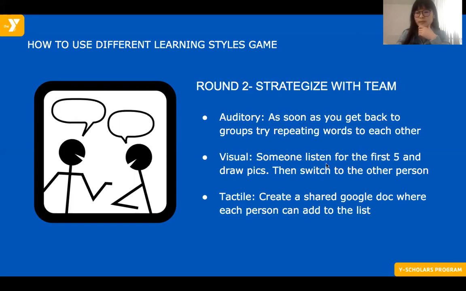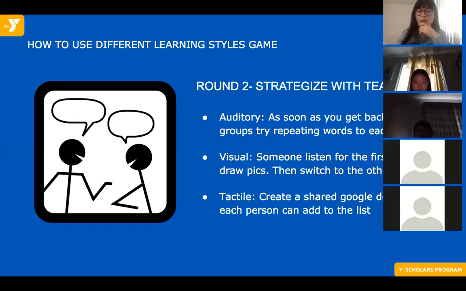Or for visual, someone listens to the first 5 and draws images, and then switch to the other person. And for tactile, maybe you can create a shared Google Doc where each person can add to the list. These are some suggestions, but you can come up with other strategies for the learning styles.